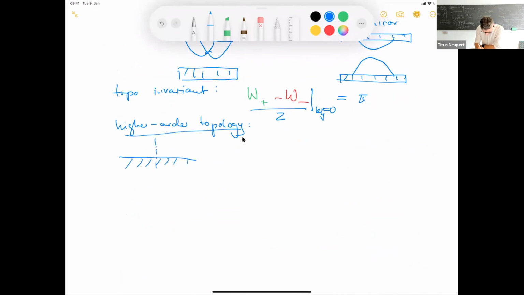So I have this mirror line, and I have this perfectly straight mirror symmetric edge. Now I want to think about what happens if I consider an edge that's slightly tilted away from this mirror symmetry. So I want to keep chiral symmetry, but mirror is slightly broken.